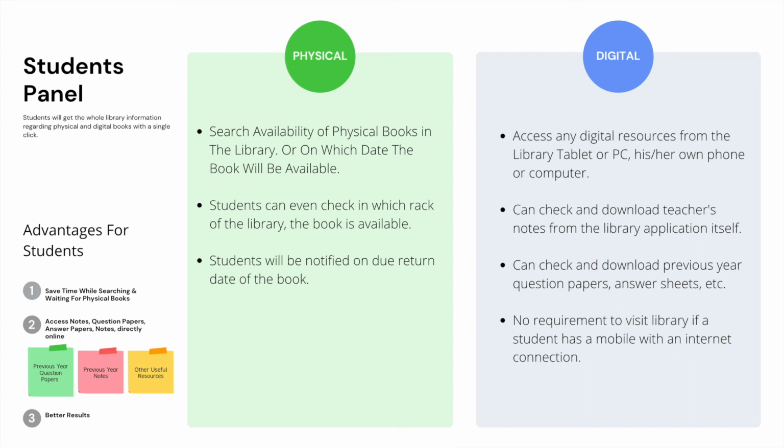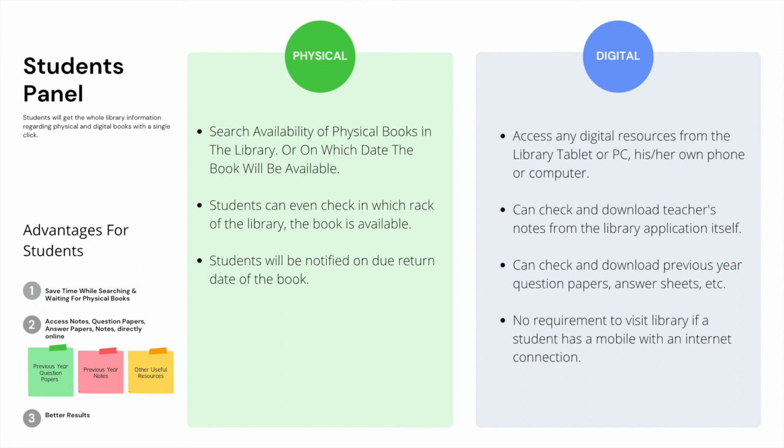Students can even check in which rack of the library the book is available. So this is one important function which we have added in the physical book section of the library. A library may be a huge room or a huge hall, so it is very difficult for a student to find a particular book within the library.